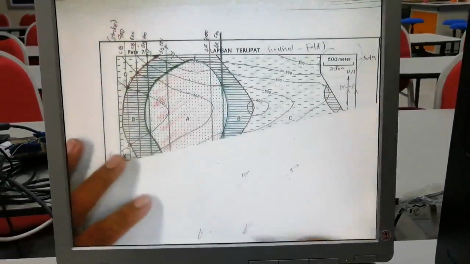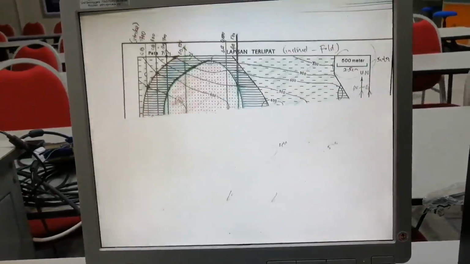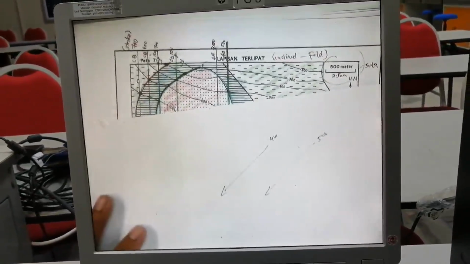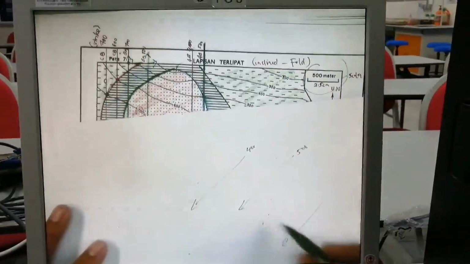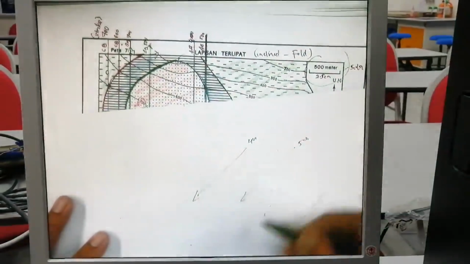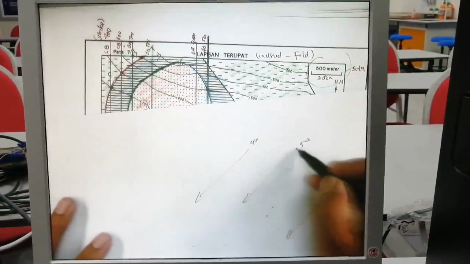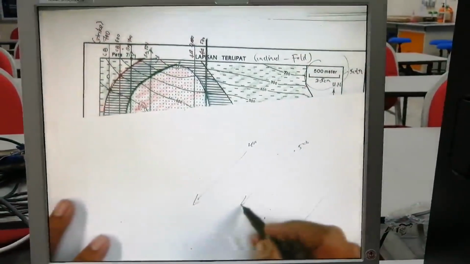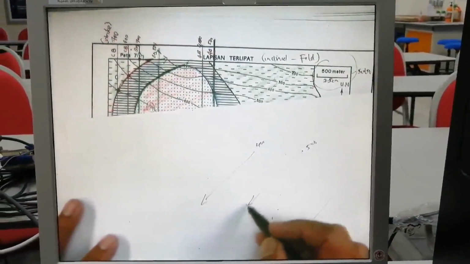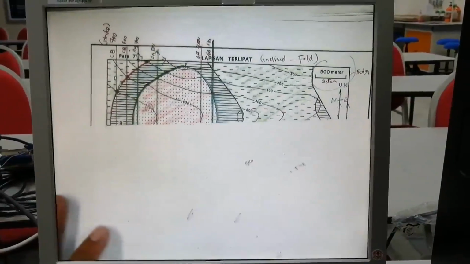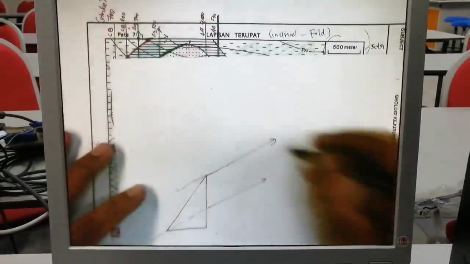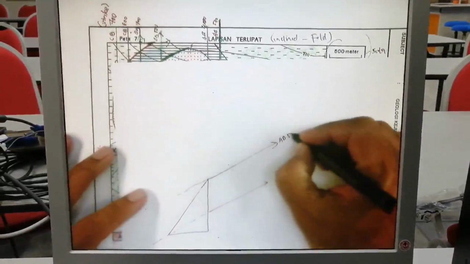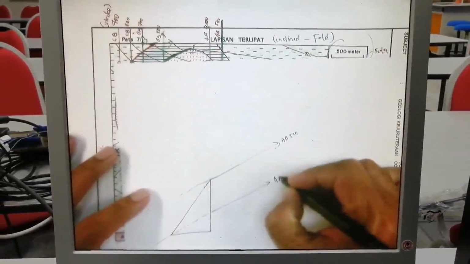So this one AB, let's see, AB 500, we have AB 400.